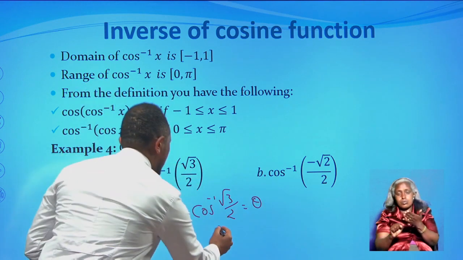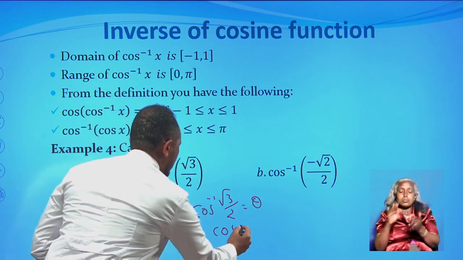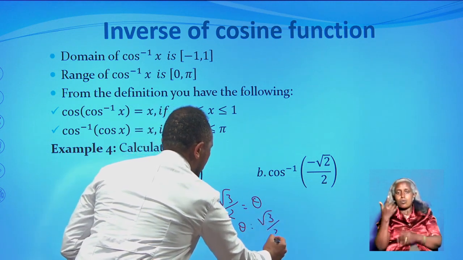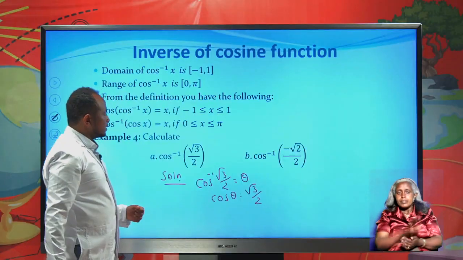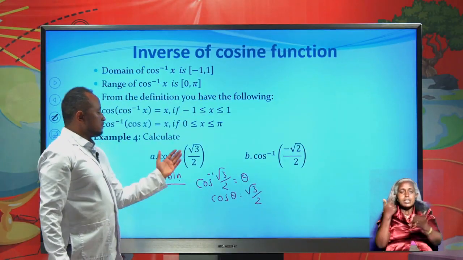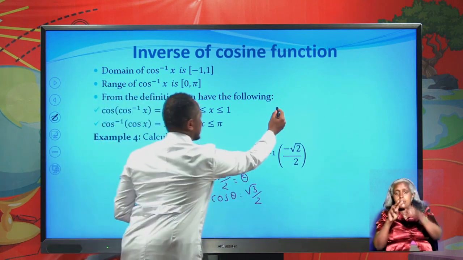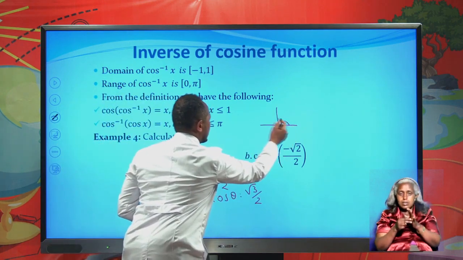So cos theta will be equal to the square root of 3 over 2. And this is defined where theta is between 0 and pi, which means on this interval.